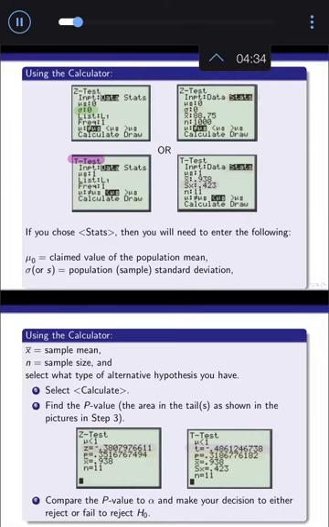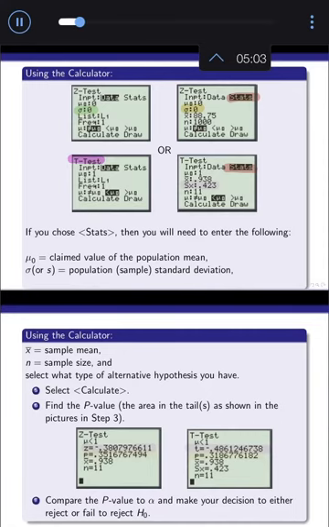Also, they don't have to give us a set of data. They could just give us a bunch of statistics in our problem, in which case we can enter those into either a z-test or a t-test. Again, notice that they give us an option of z-test or t-test based on whether or not we have sigma. Notice that for the z-test, the list of information you're supposed to input includes sigma.